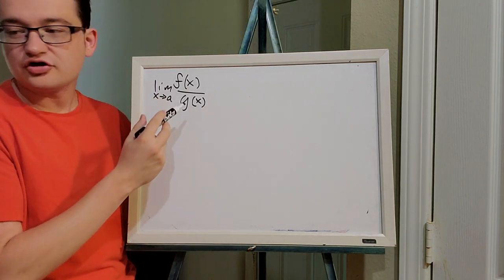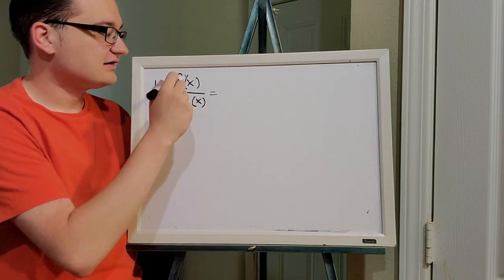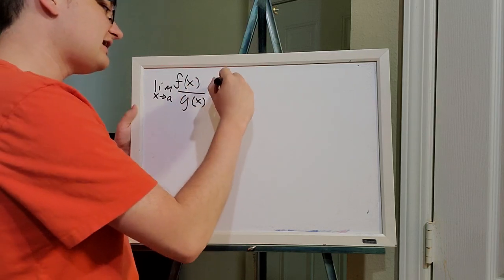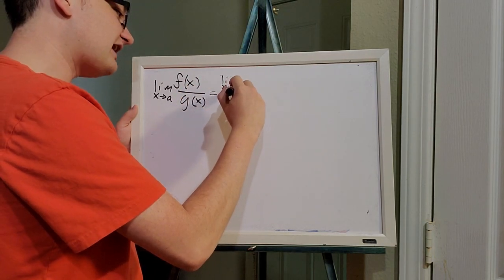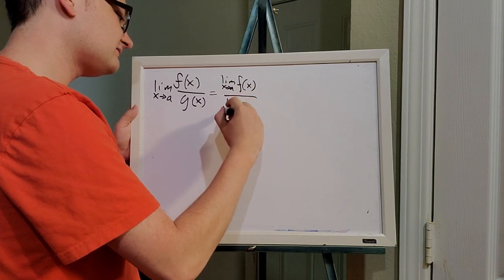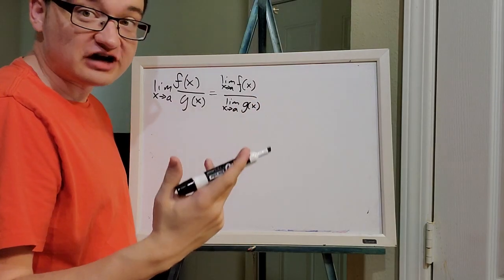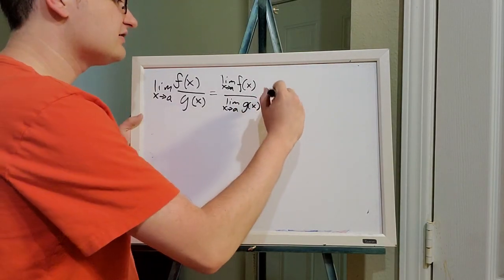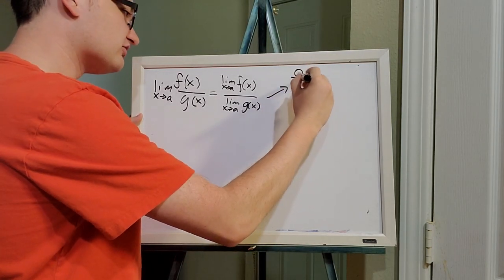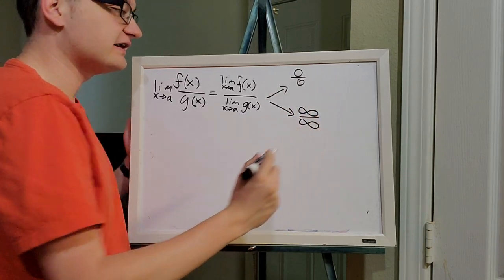What we'll often get, if we take the limit as x approaches a for both of the functions like we normally would, like in chapter 1 when we were first learning limits, is a form of either 0 divided by 0 or infinity divided by infinity.